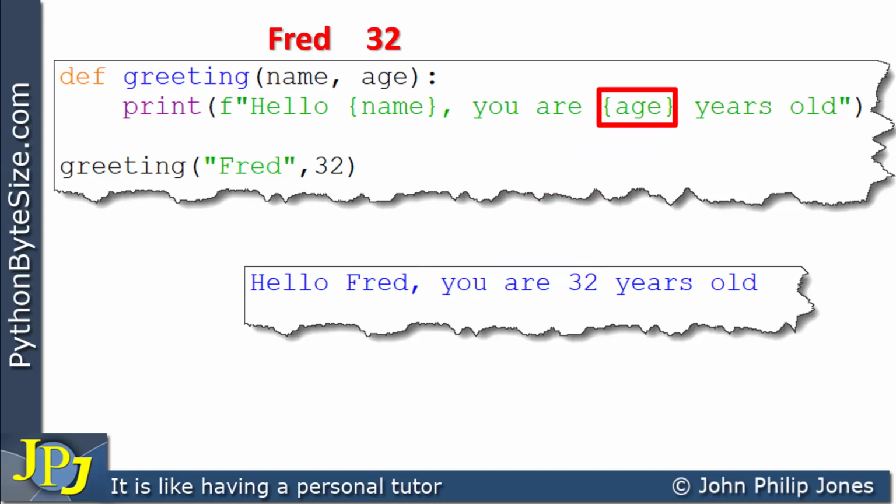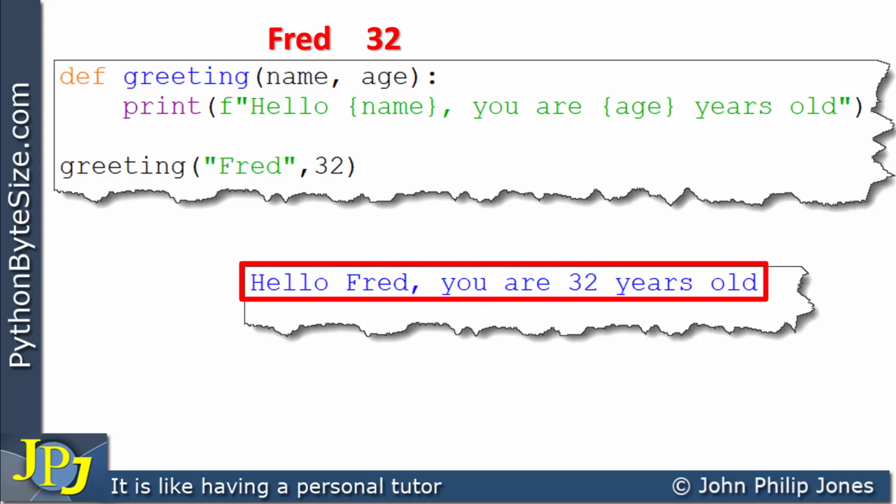The content of the parameter age is put here, which is 32, and then this bit of the string is placed here. So if you look at the runtime, you can see that the Fred and the 32 have come to here, and then they're used within this string and output appropriately, as you can see from the runtime.